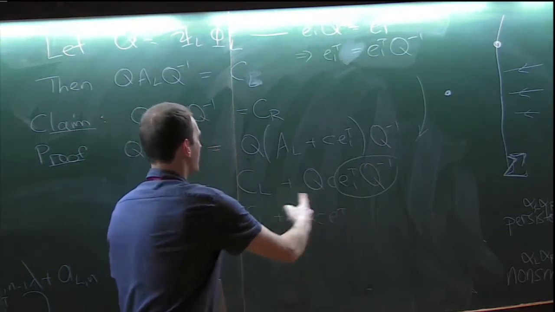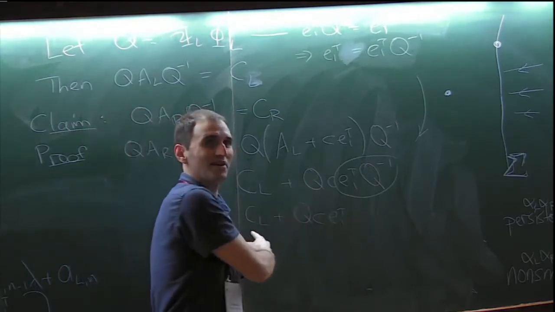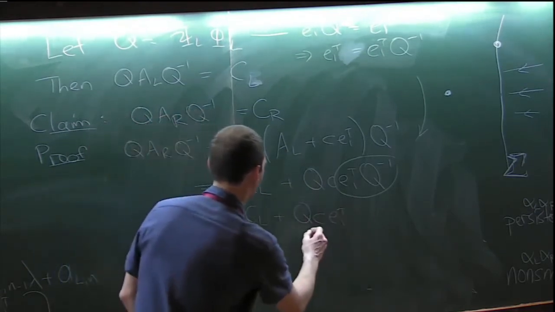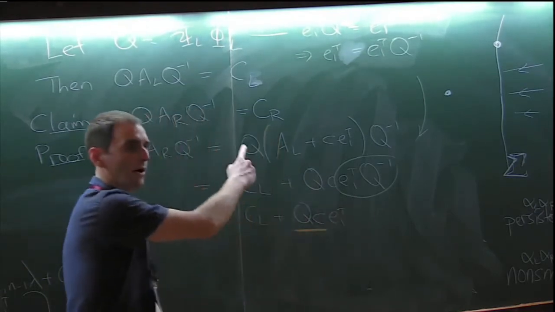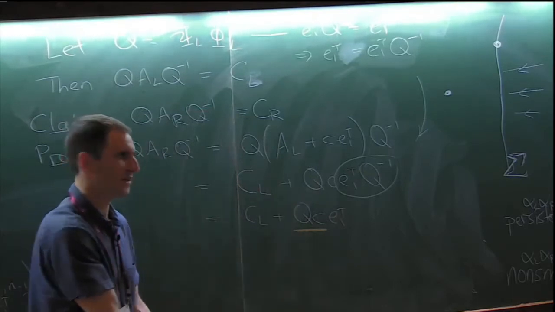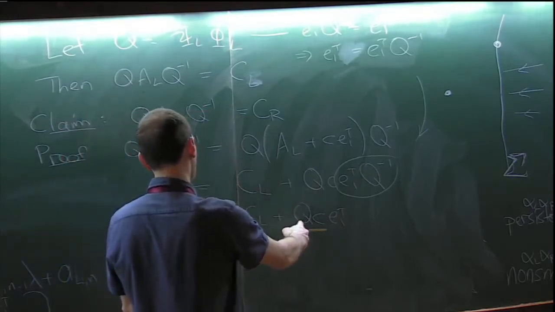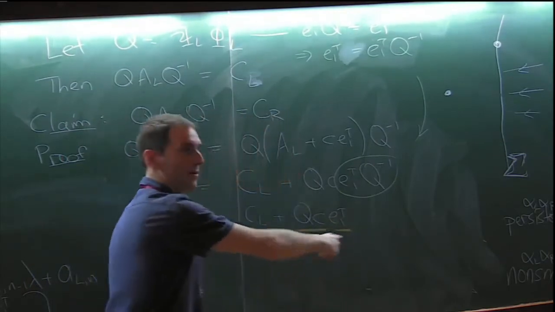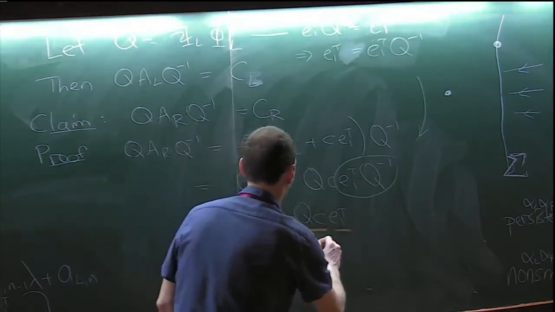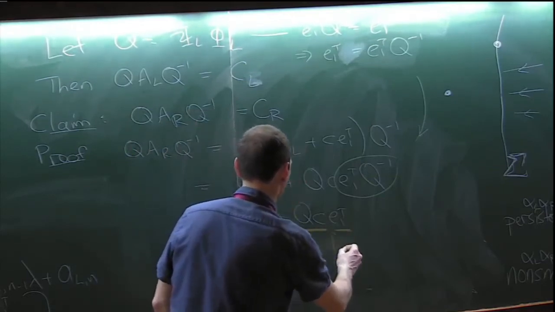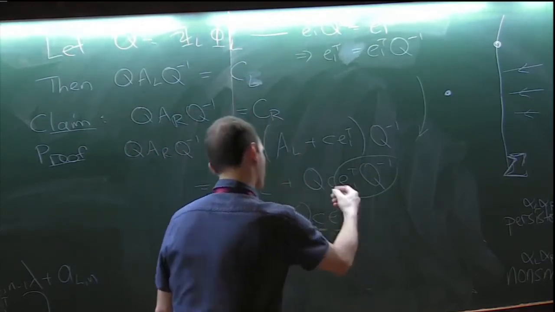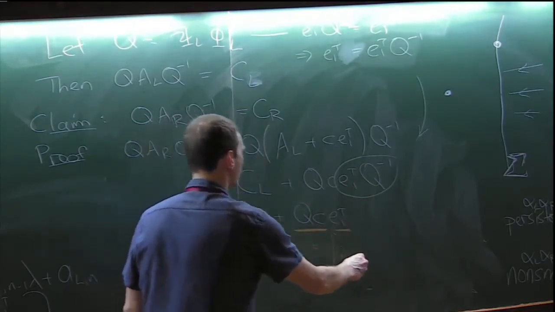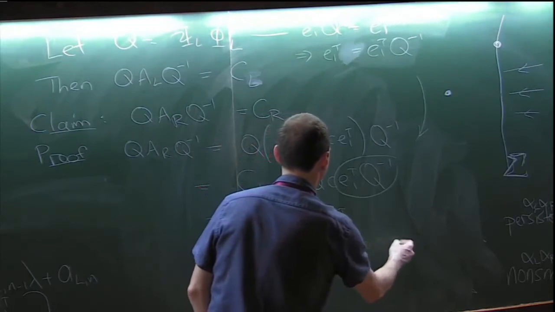Right, and the point is that this matrix that I've just written here is a companion matrix. So why is this whole thing a companion matrix? Well, I've just got some column vector. It happens to be called Q times C, but it's just some vector times E1 transpose. So it's going to be a rank 1 matrix. The first column is QC and the rest is just zeros.